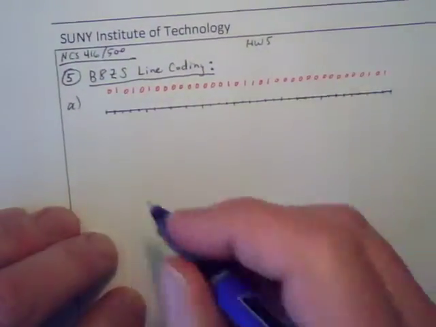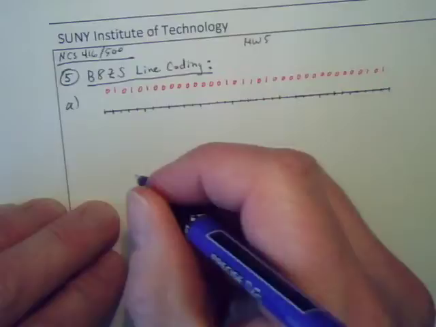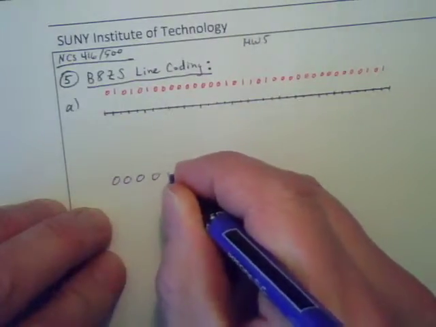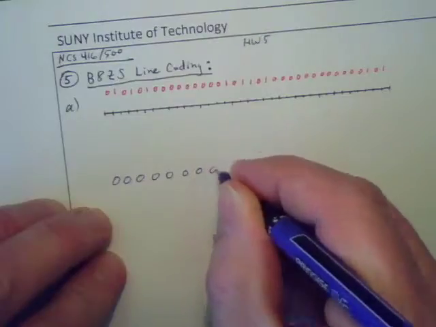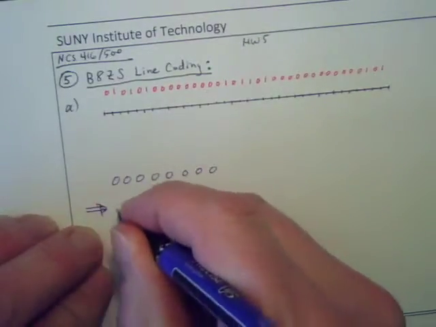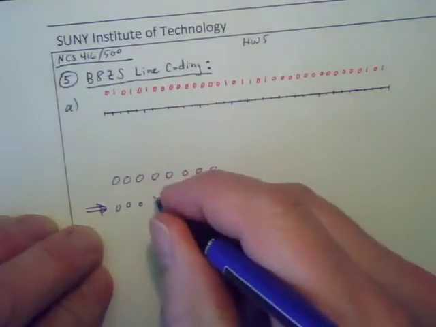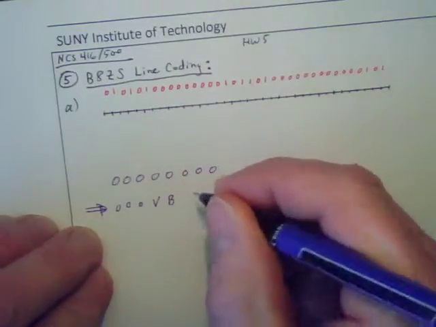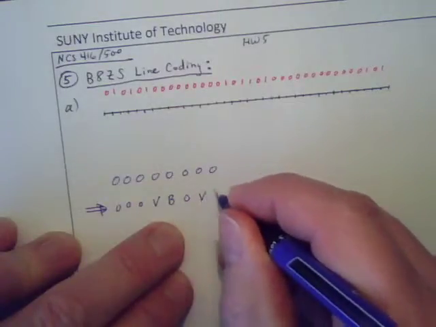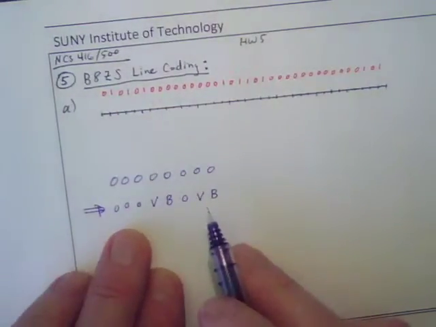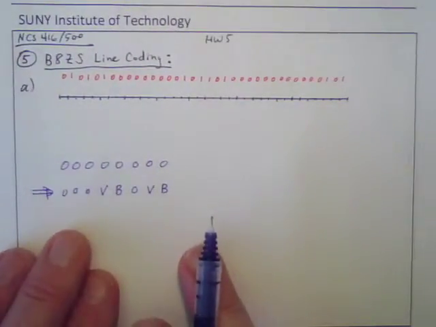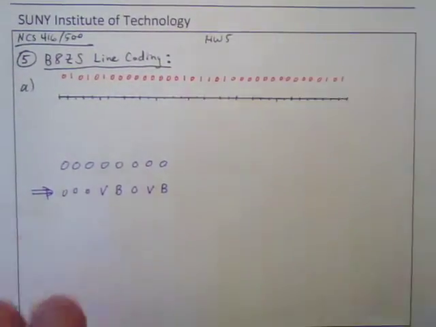Okay, so in B8ZS, we replace 8 zeros, 1, 2, 3, 4, 5, 6, 7, 8, with 3 zeros, a violation, another bipolar signal that doesn't violate, a 0, then a violation, then another bipolar signal. And so this is fairly straightforward to go at from here in drawing this waveform.